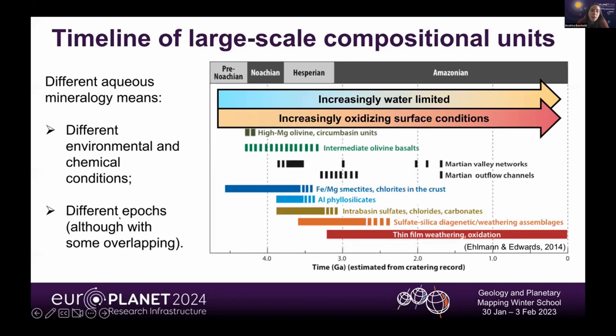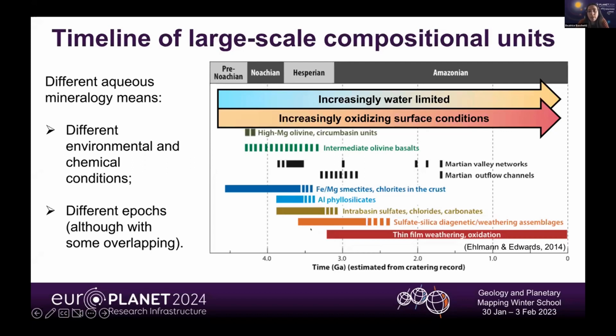They can also help us understand how the climate and the environment of Mars evolved through the epochs, because we mainly observe phyllosilicates around the Noachian era of Mars, while later we mainly observe sulfates. We don't have many phyllosilicates anymore.